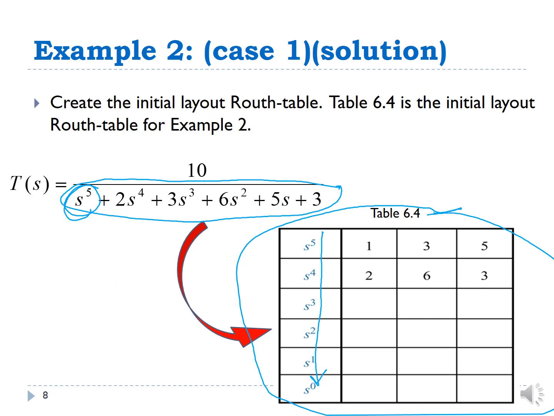Therefore, the first row of the first column must start with s power of 5. After that, you can start filling the table with the coefficients. The coefficient with the highest power of s in the denominator must be put first, followed by the other coefficients.